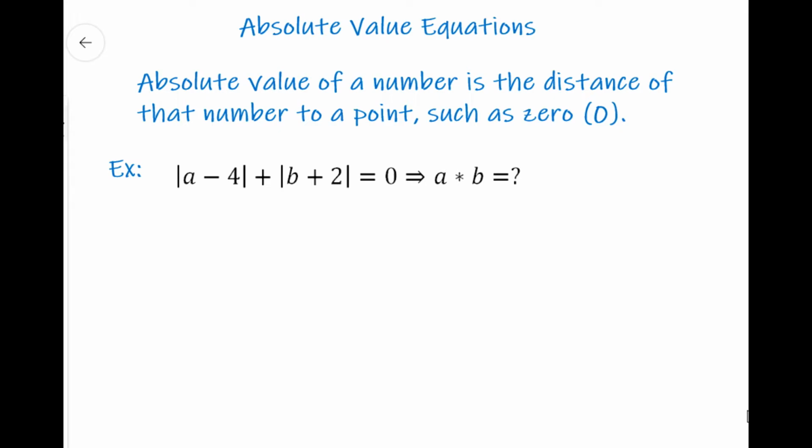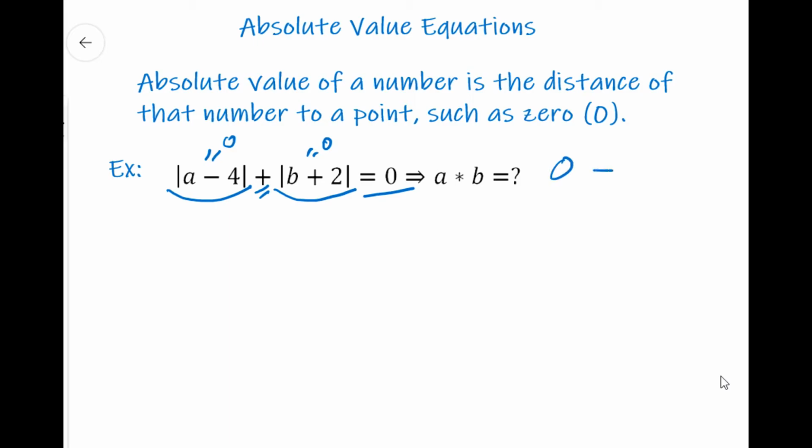This is a special type of question that has its own unique solution. Okay, how can we solve this question? Well, if there's an absolute value, and another absolute value, and more absolute values, and if the sign between all of those absolute values is positive or plus, and if the result is 0, the only solution is we need to make every inside of the absolute value 0, okay?